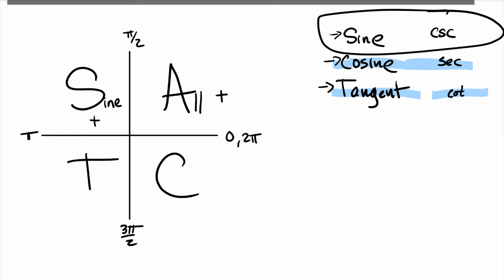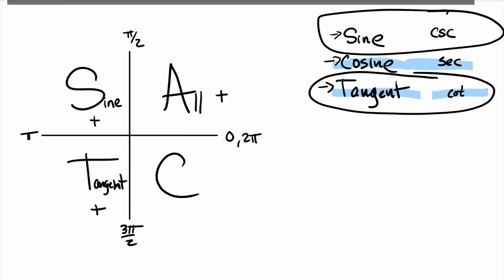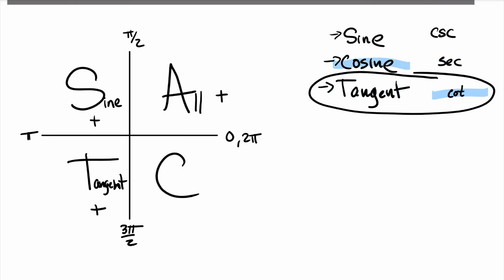Tangent, down in the bottom, in the third quadrant. Tangent is the only one that's positive. So that means tangent and cotangent are now positive, which means the other 4 trig functions are all negative.